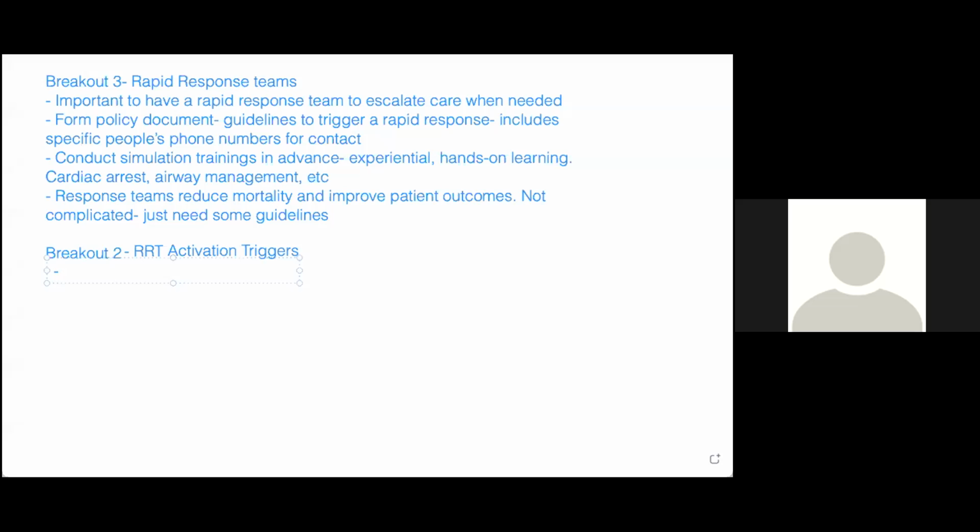In what situations? Things like obstetric emergencies, maybe neonatal resuscitations, or any critical emergency which needs the attention of the team, including airway emergencies, bleeding, and the like. Thank you.